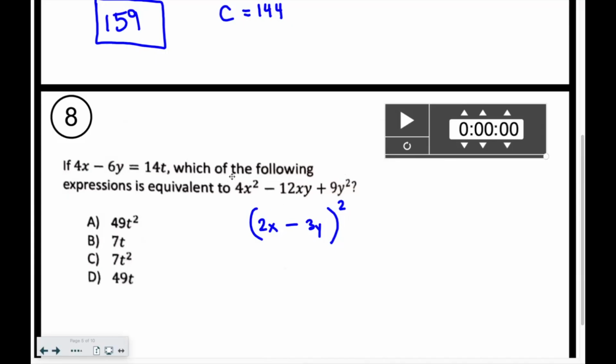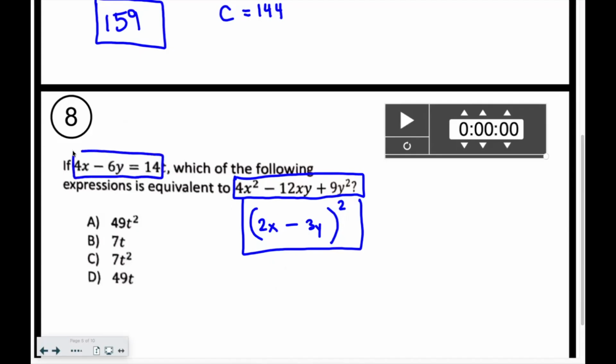So if we can recognize that this and this are equivalent just by understanding our factoring and squaring patterns, then we realize that I need a 2x minus 3y. So I go over to here, and I'm just going to divide everything by 2.